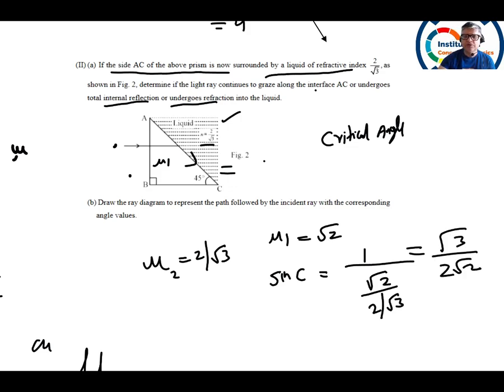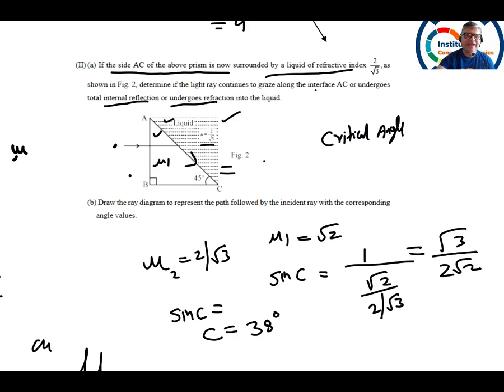If you solve this, the critical angle will come out to be around sine C is equal to something, and C will come out to be 38 degrees. I had seen the sine table, therefore I know the value, which means the critical angle for the two mediums, which is this and this, comes out to be 38 degrees.